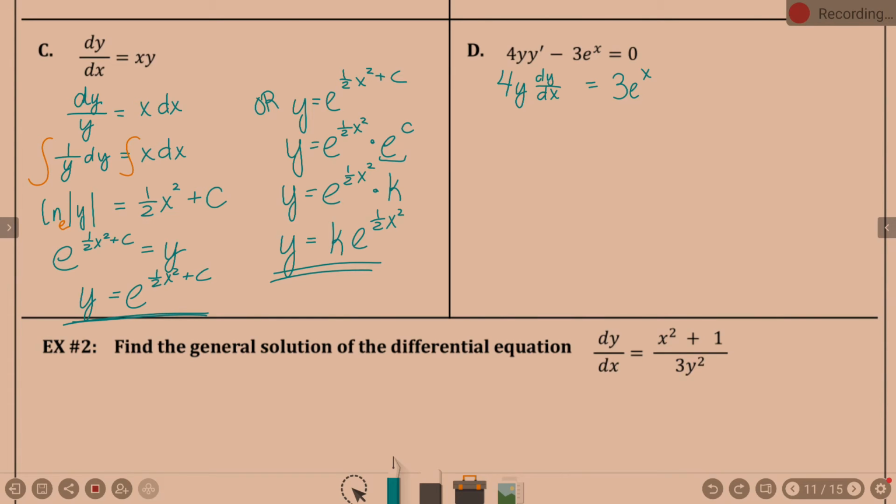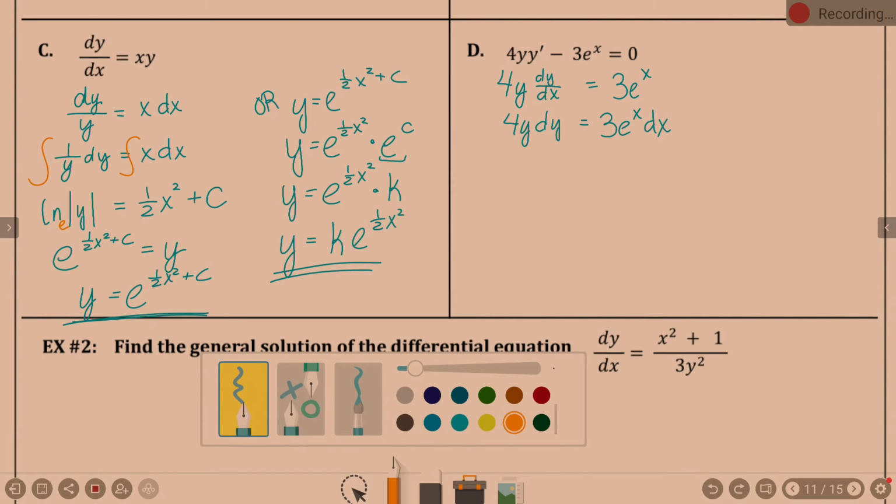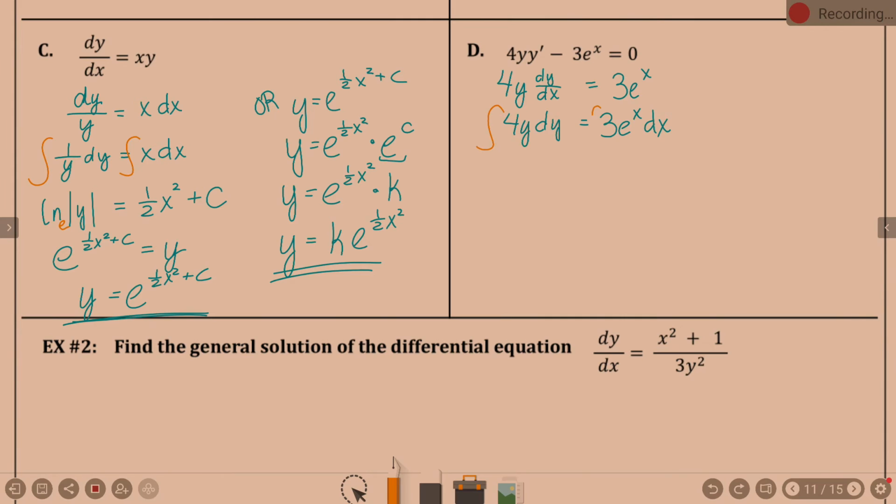So 4y dy dx equals 3e to the x. Pretty easy separation at that point. Multiply the dx over. So 4y dy equals 3e to the x dx. Integrate.